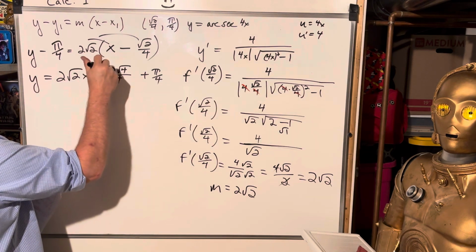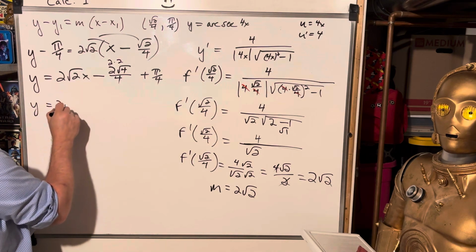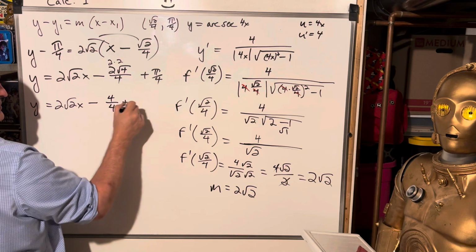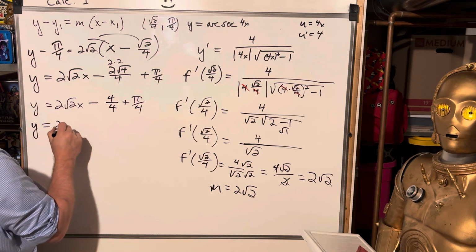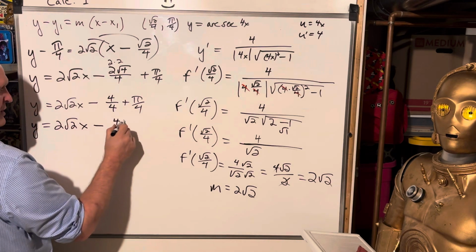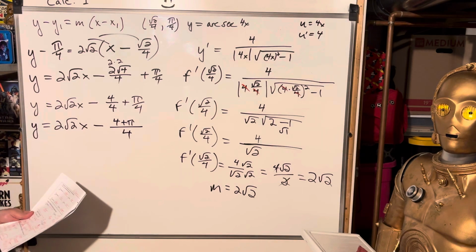So let's fix this. This is just 2 times 2. So let's leave it 2 square roots of 2x minus 4 over 4 plus pi over 4. And then we can say y equals 2 square roots of 2x minus 4 plus pi all over 4.